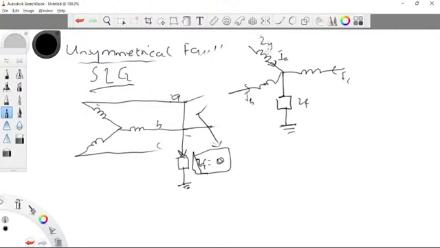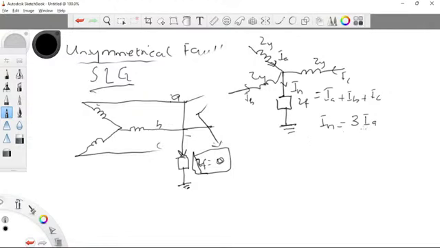Assuming this impedance here is the same as this impedance here and the same as this one, the current coming here, IN, will be equal to IA plus IB plus IC. If we assume balanced impedance, then the currents are the same, so we have 3IA. Now, the current that we represent in the circuit is just IA. We don't want to write 3IA.